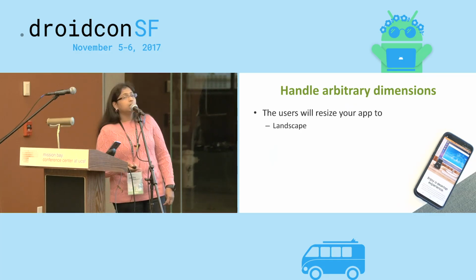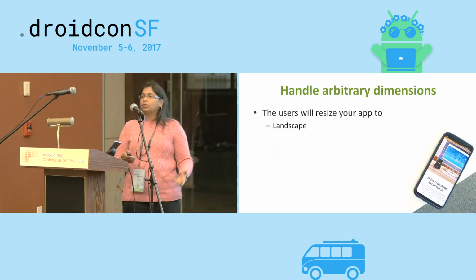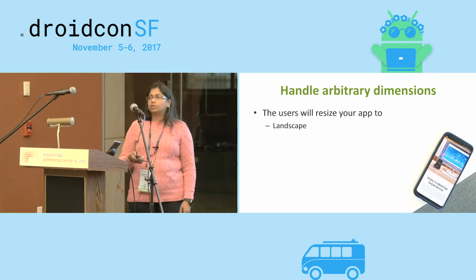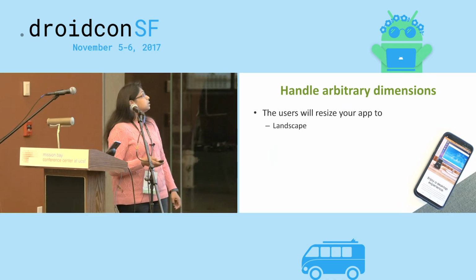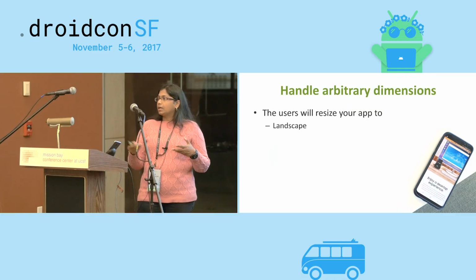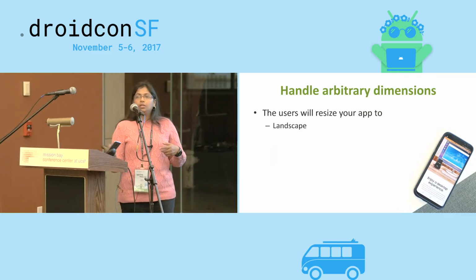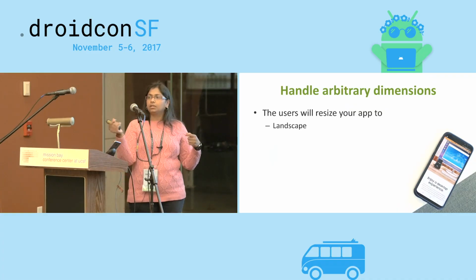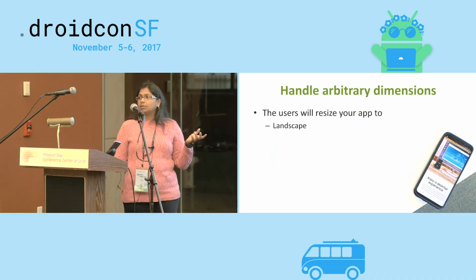Another important thing to note when you optimize your app for the desktop experience is that you need to handle arbitrary dimensions accordingly. As Victor showed you already, the user will be able to increase the width and the height of your application to any size randomly.